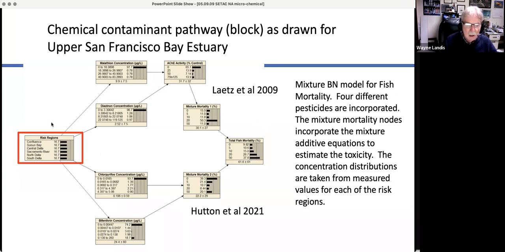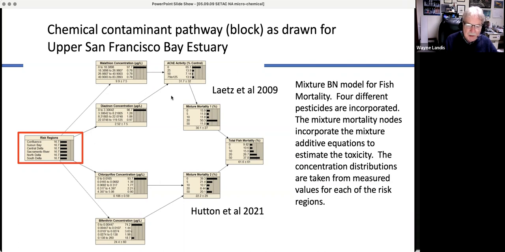And these concentrations here from the malathion and so forth are actually derived from sampling. These concentrations depress or change the acetylcholinesterase activity by a certain amount, and that gives rise to mortality from that mixture. These data, the conditional probability tables, are based on the data of Kathy Letts from 2009.